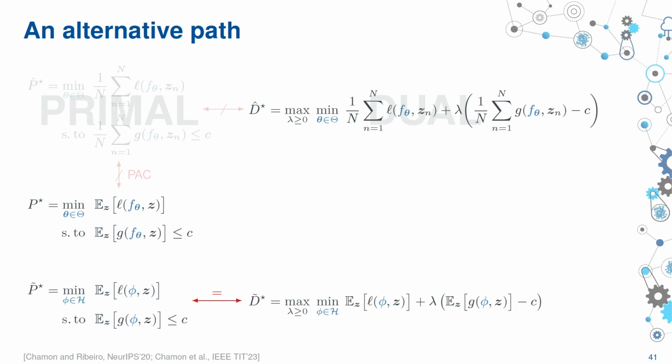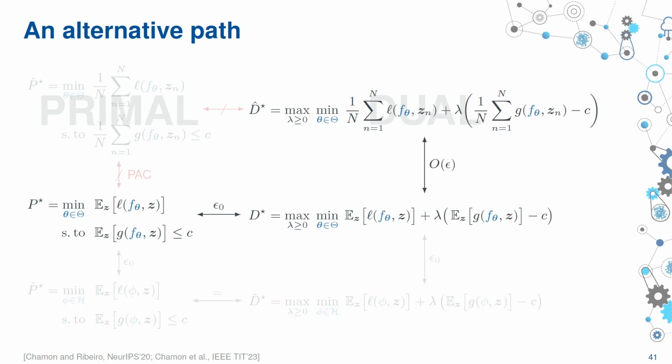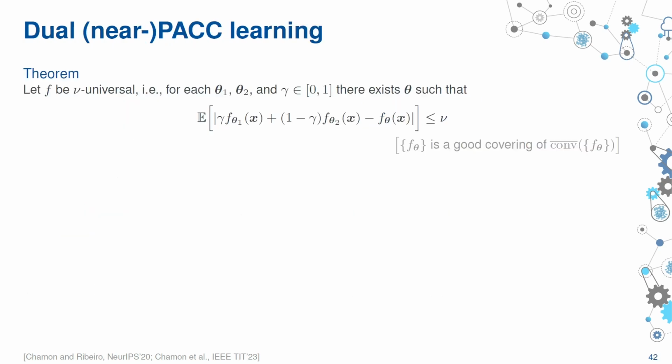Having no duality gap, we can move here by considering the richness of the parametrization, and we can move up by considering standard statistical learning theory because there are no constraints relating these two problems anymore, right? These are two unconstrained optimization problems.